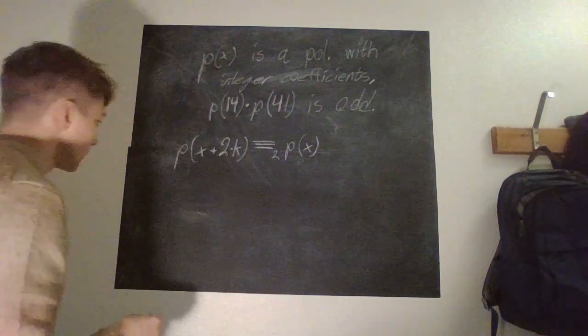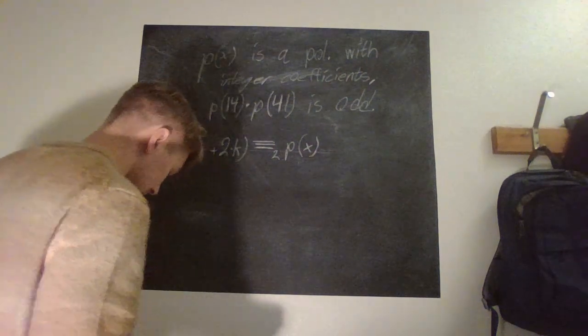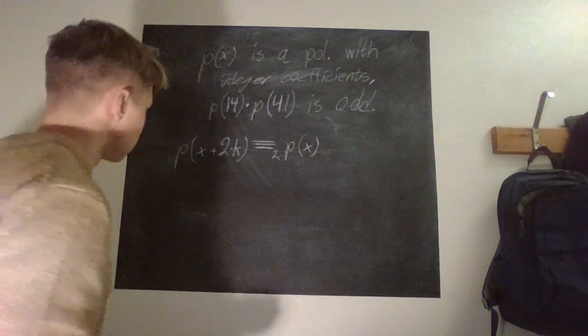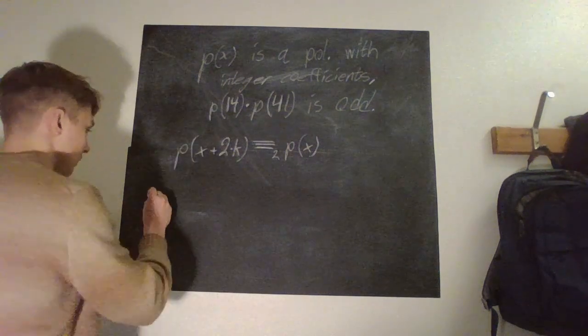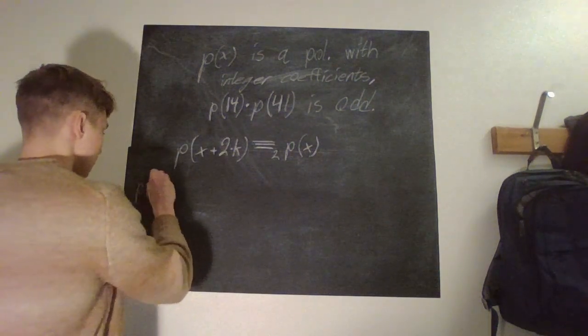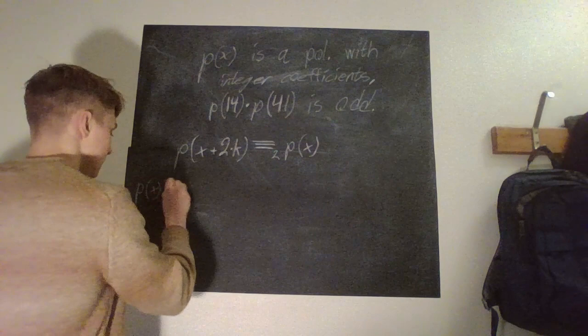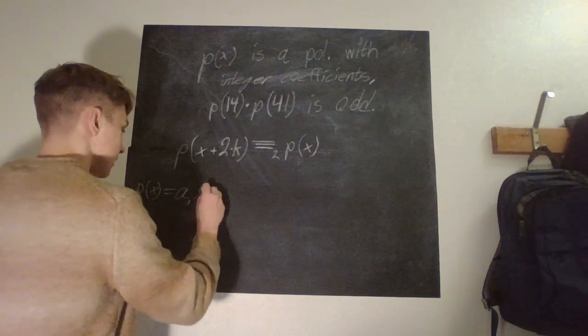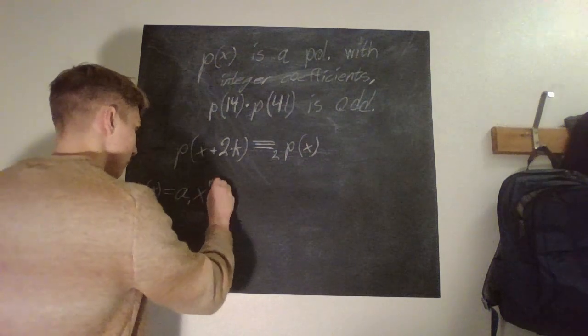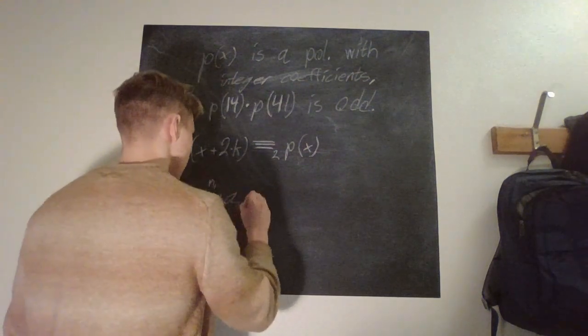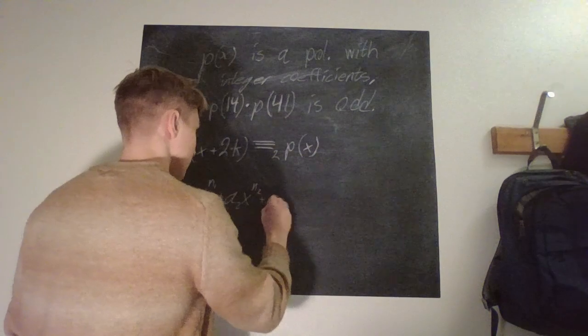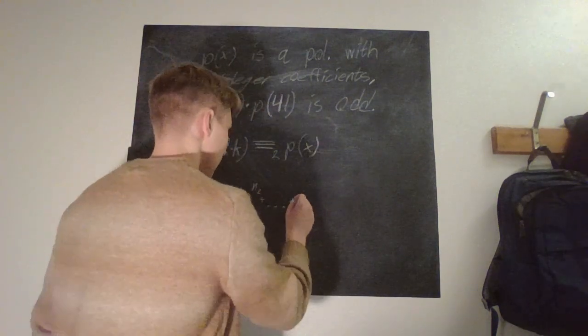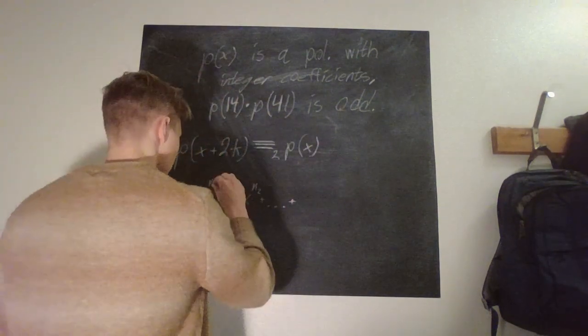So if I just write out, let's say that p of x is equal to some integer a1 times x to the power of n1 plus a2 times x to the power of n2 plus and so on, down to the grade of this polynomial.